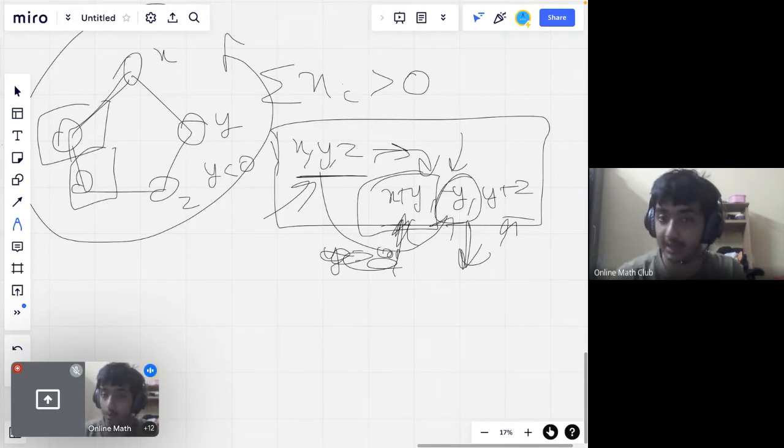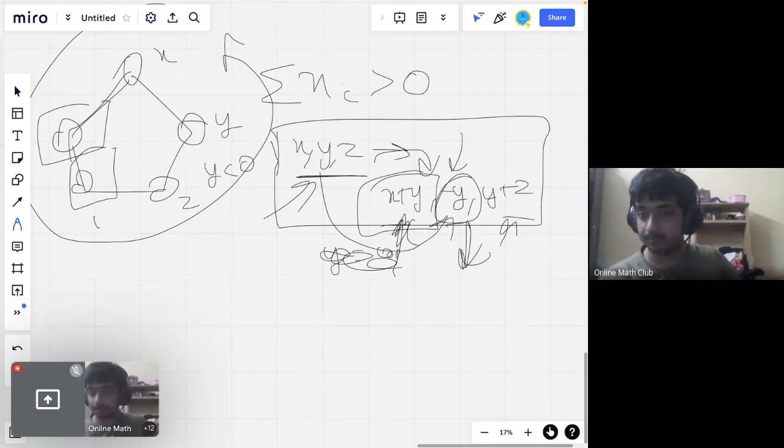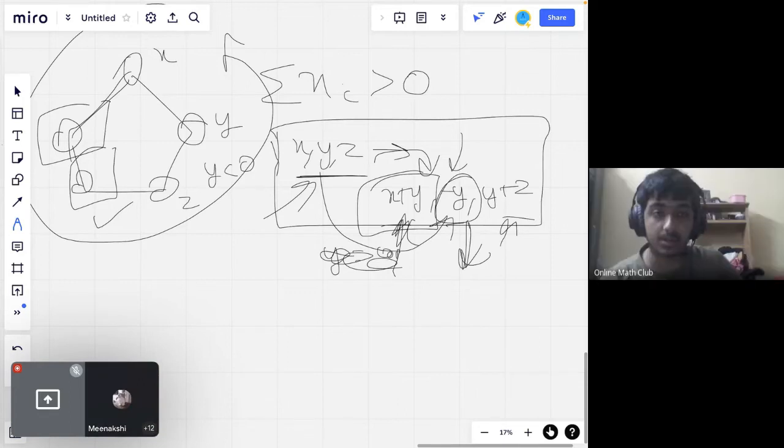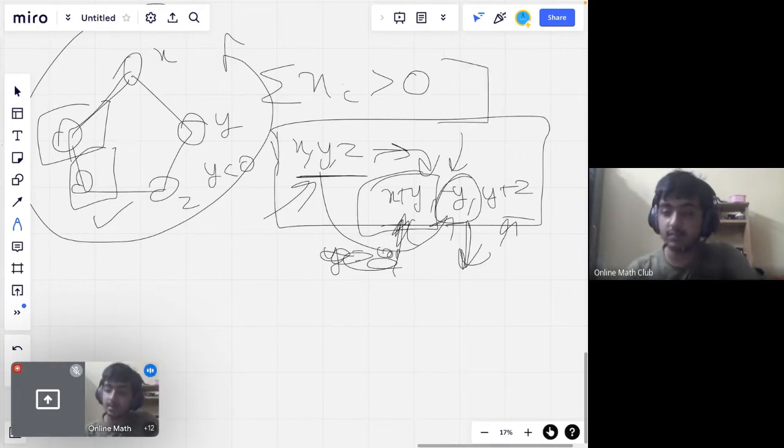Any quantity that you consider must involve all five numbers, because in the next move you will do it somewhere else. After every operation, the total sum remains the same. That's true. This sum remains positive throughout.